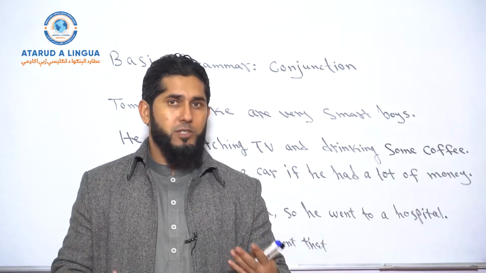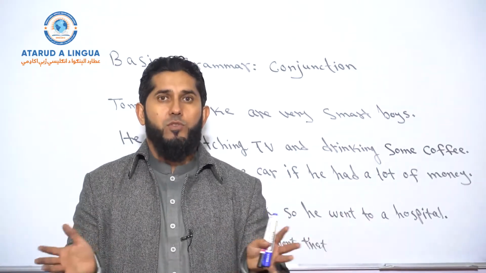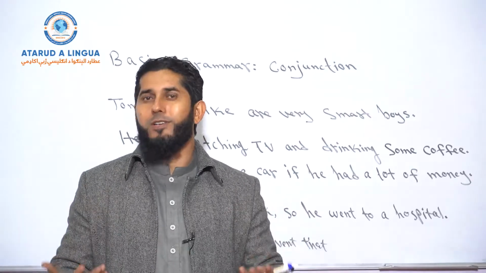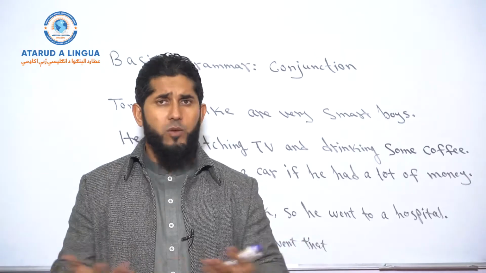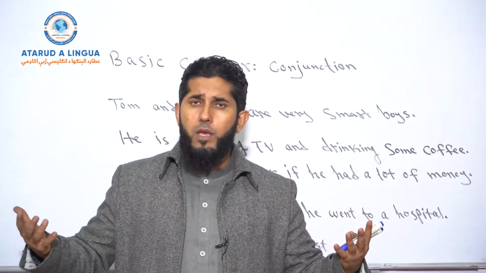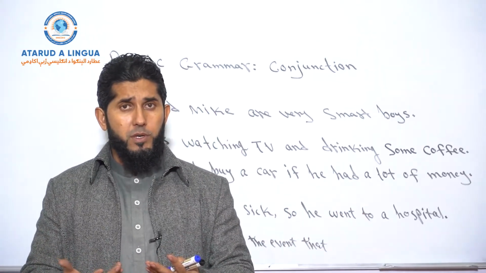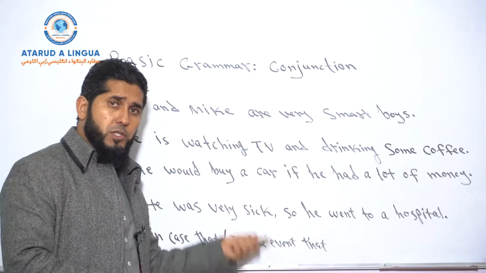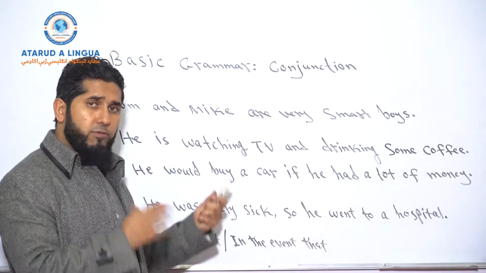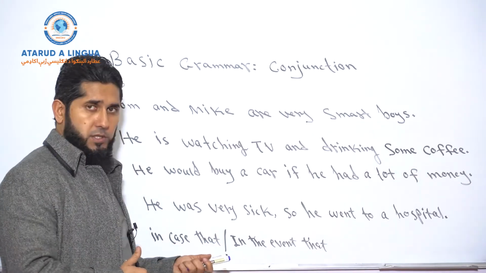some grammarians say combining items, words, or phrases. So those words could be nouns, pronouns, adjectives, verbs, for example, and adverbs. Now I want you to look at these examples and see the functions of conjunctions in these sentences.